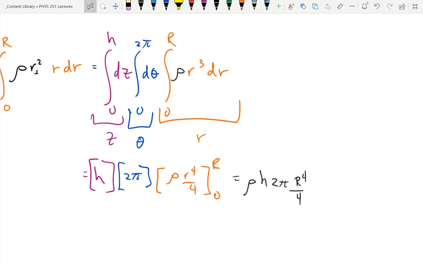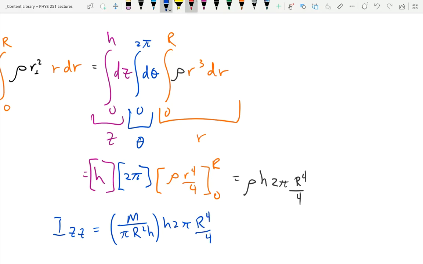So if I plug that in here, h is pi and r squared, okay? I'm left with 2m r squared over, right? M r squared over 2.